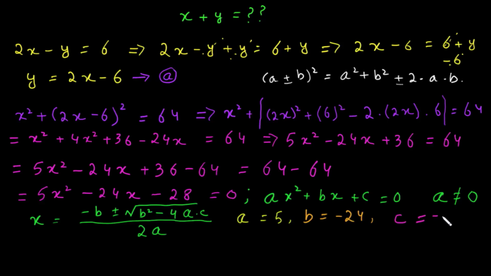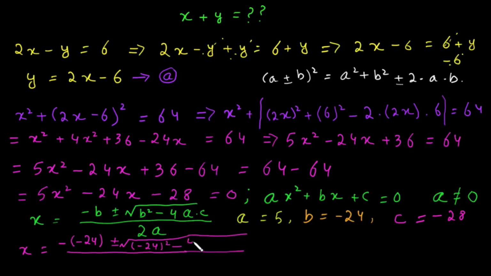Now substituting these values of a, b and c into our trusty key, x will be equal to, for b I am going to substitute minus 24, plus minus square root of minus 24 squared minus 4 times, for a I am going to substitute 5, times c, that is minus 28, divided by 2a, so 2 times 5.